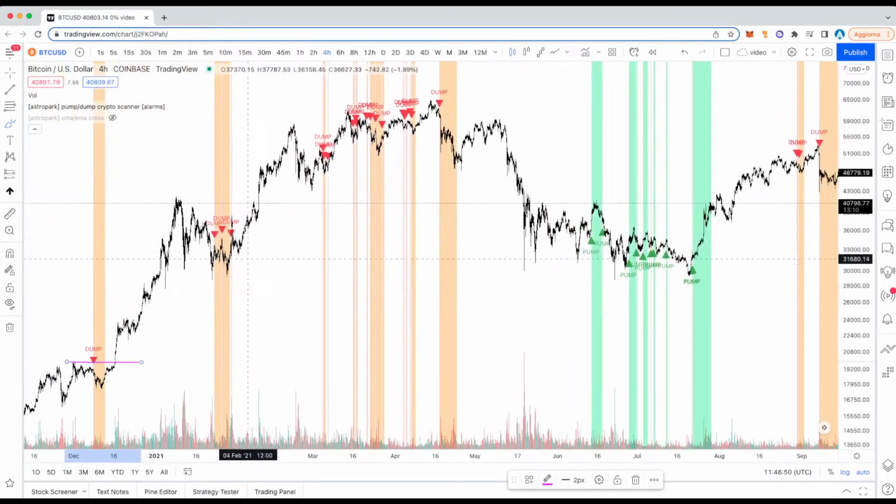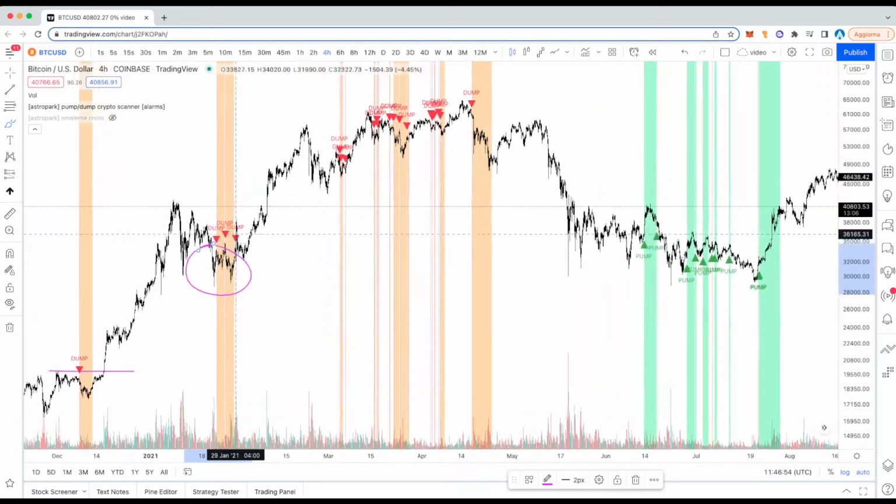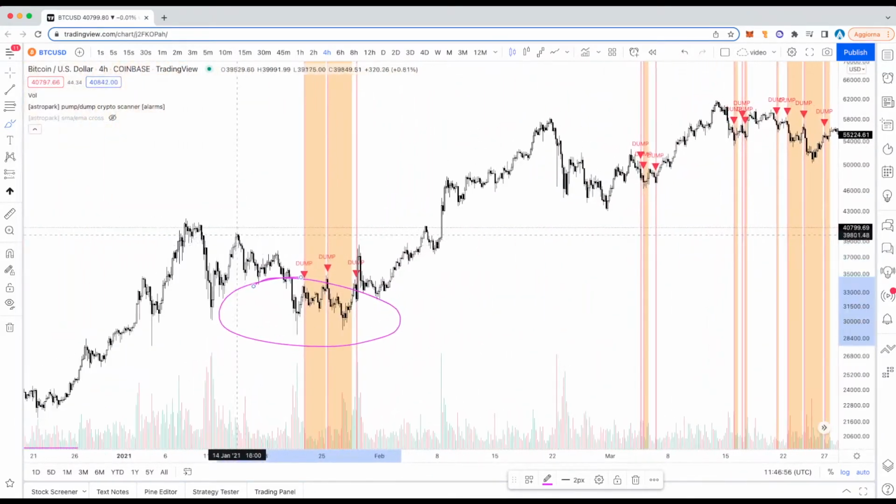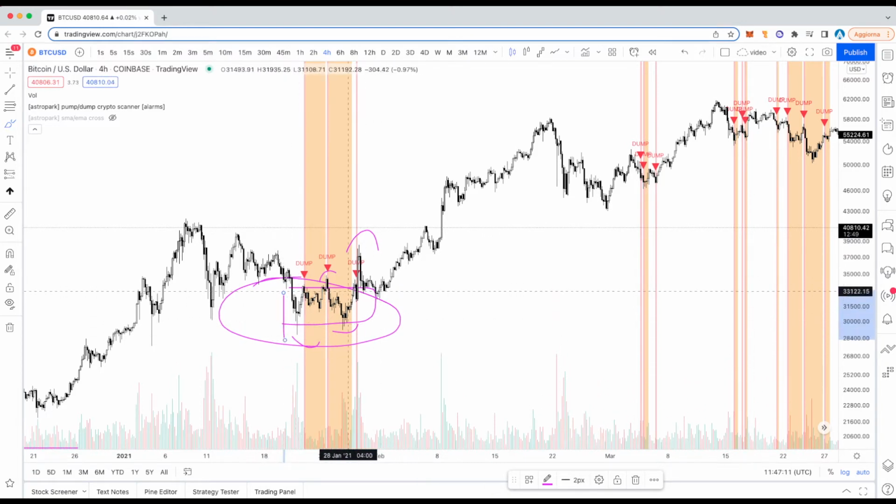There was no breakdown from here. Price in this case made a higher low, always a higher high. So you see these dump conditions that are not really great. You have a lot of volume here, and you see the price breaks, retests this kind of volume and continues going up. So you flip long.